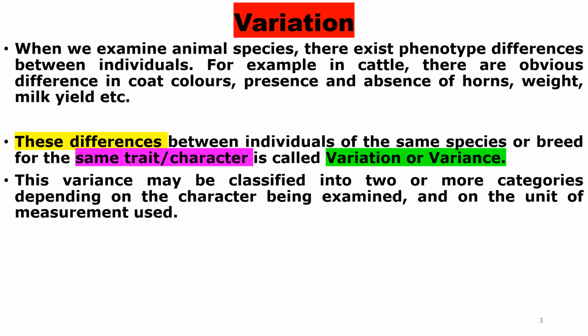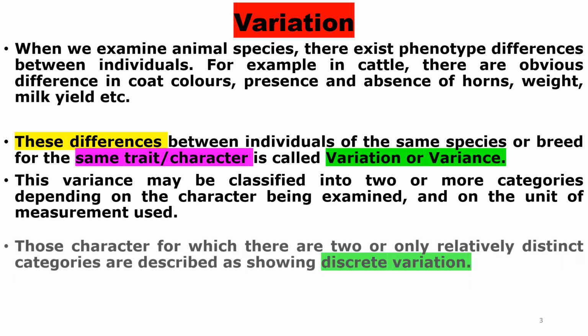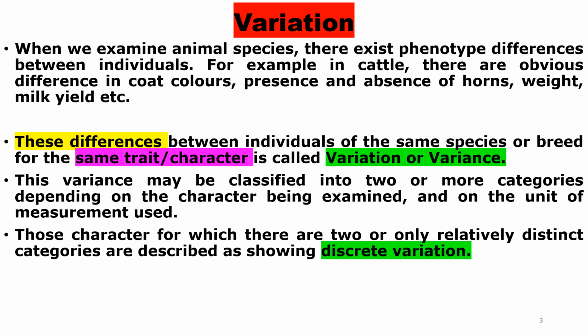This variance can be classified into two or more categories, and this categorization depends on the character being examined and also on the unit of measurement that is being used. So those characters that are classified into two or only relatively distinct categories are said to be showing discrete variation.